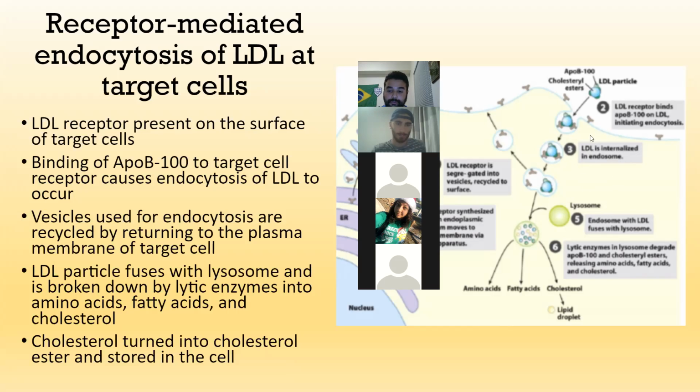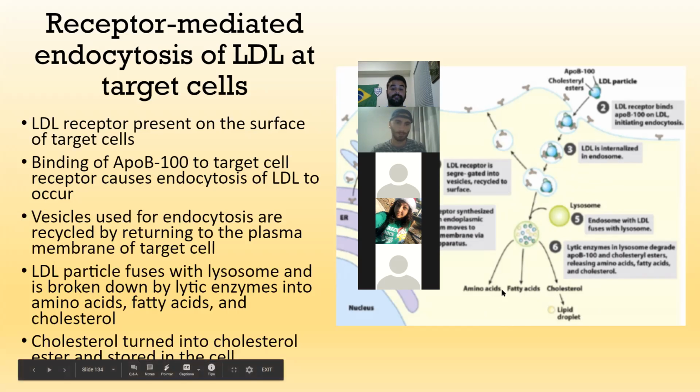The LDL is going to be formed into this endosome. Later, the receptors that are still attached to the LDL are going to be removed and brought back into the cell membrane. Later, that endosome is going to join up with a lysosome, where it's going to start breaking apart that LDL into its basic components, right? So it's going to give us mostly cholesterol, but it can also give us some fatty acids and amino acids as well. Okay.